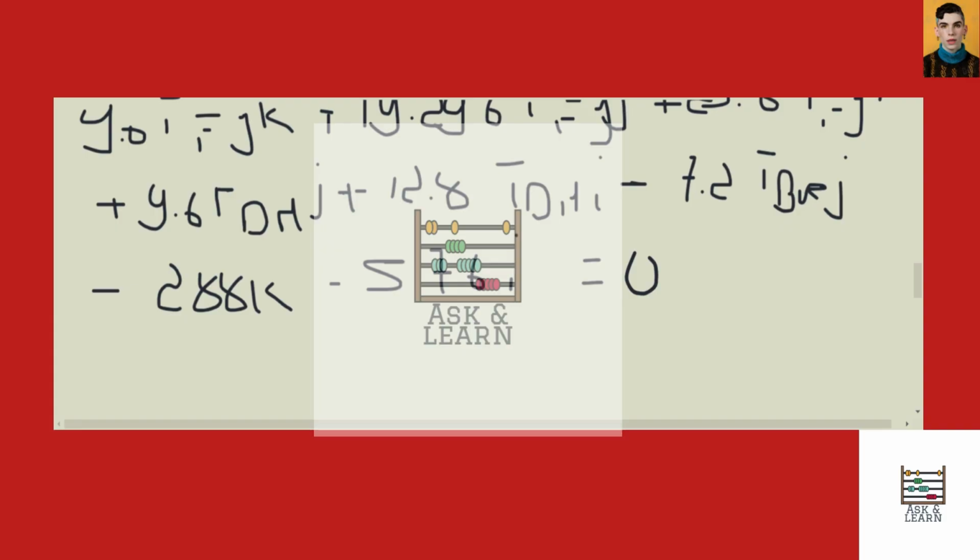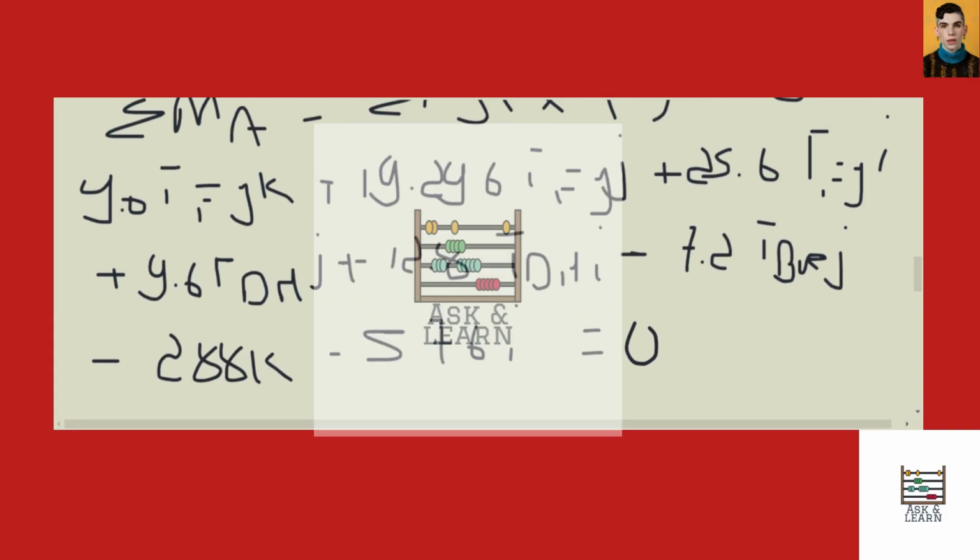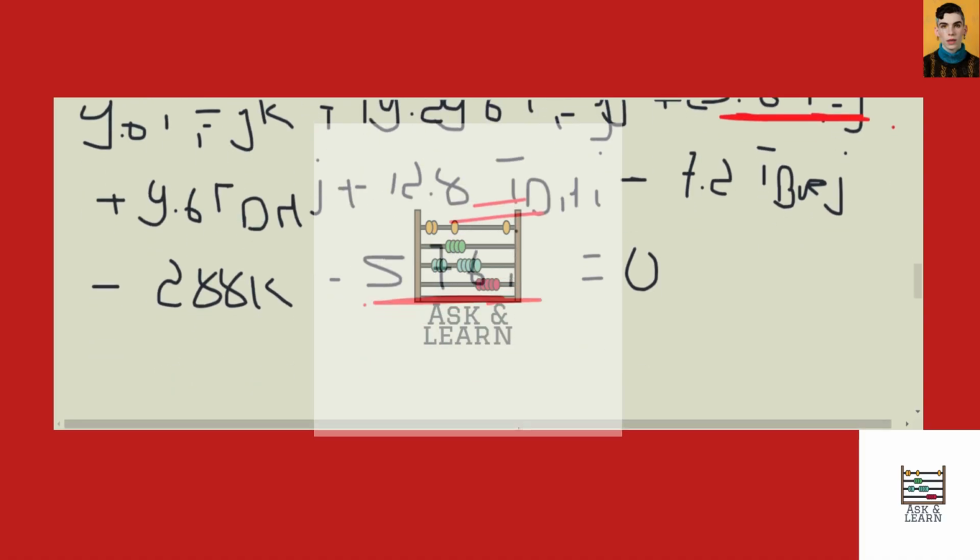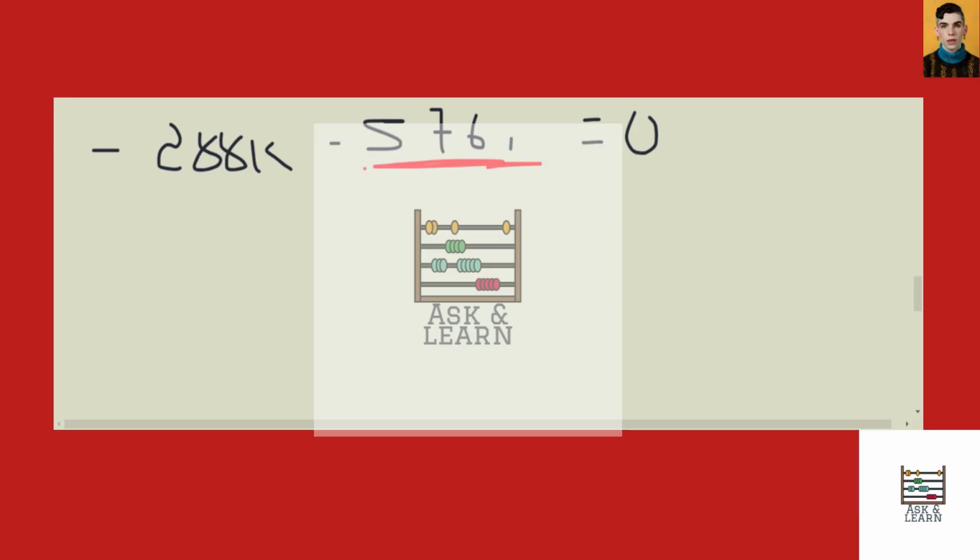Now, in this equation, we know that sigma M is equal to 0, so we can equate the coefficients of I, J and K to 0. First, we will do it for the I coefficient. The I coefficients are 25.6 TFJ, 12.8 TDH, and the last one is 576.